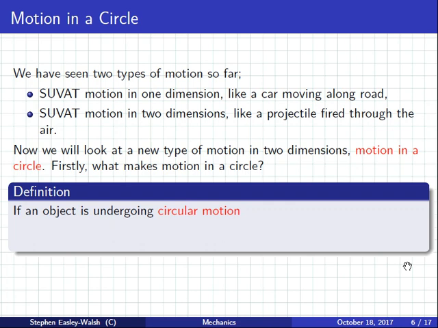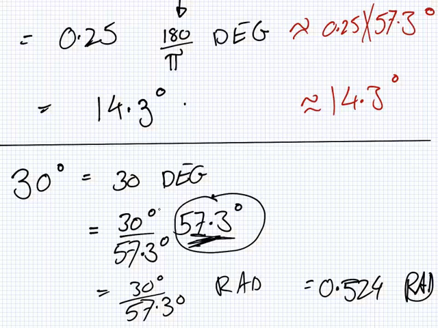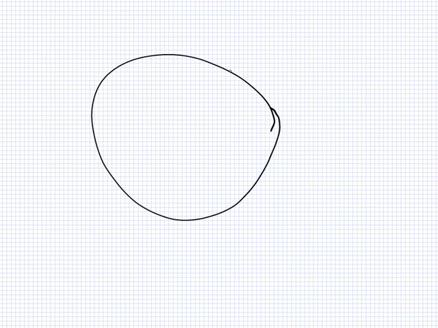Okay? So if something is undergoing circular motion, that means it's moving in a circle, then there's a net force acting on the object, which is perpendicular to the velocity and is towards the center of the circle. So what I mean is, if something is moving in a circle, let's put the center here, and this is the object.